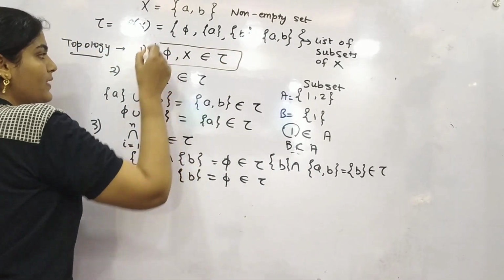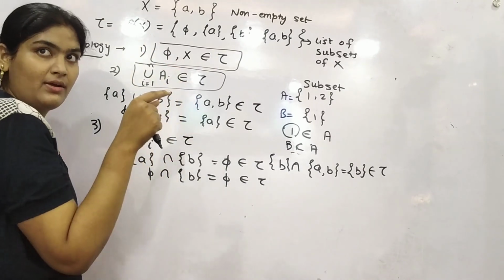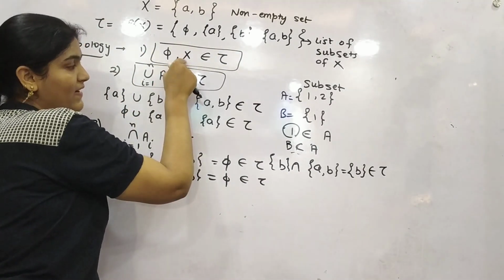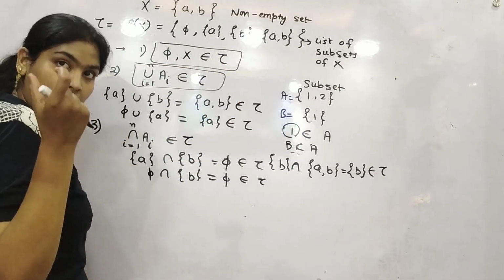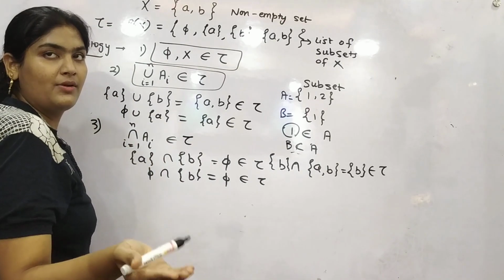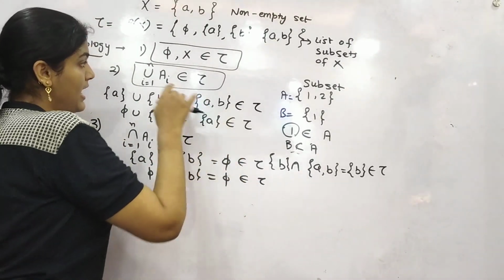Let me remind you. The first property is that phi and the whole non-empty set should belong to that particular set which is required to be proved as topological.